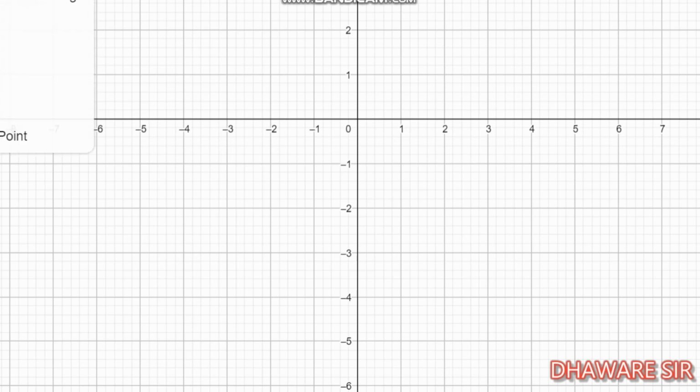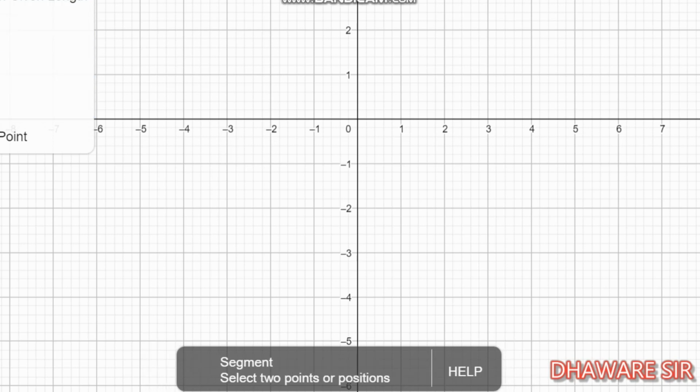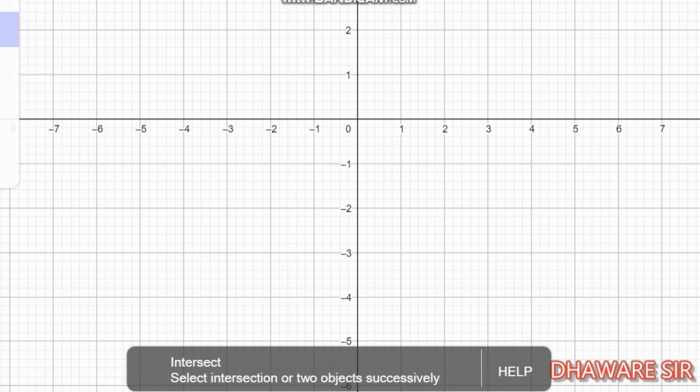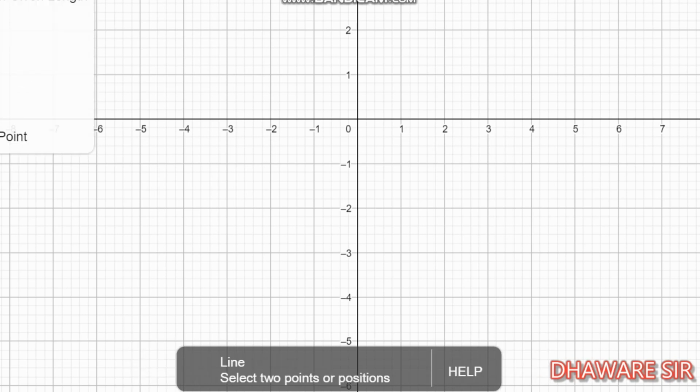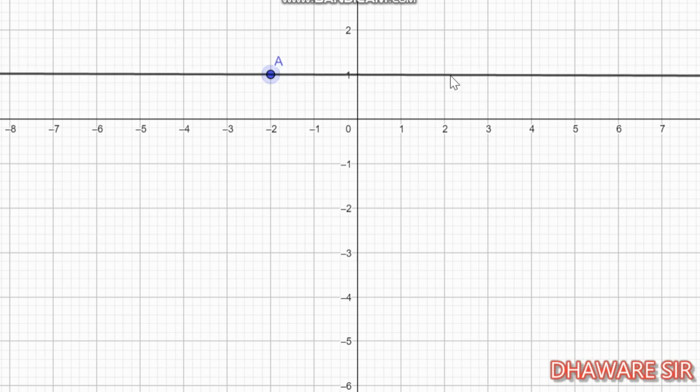Let us see how we can show that the lines are intersecting each other or not intersecting each other. So this is the line I am drawing. Take the point A at -2, 1, and the second point B at 2, 1 on the graph.